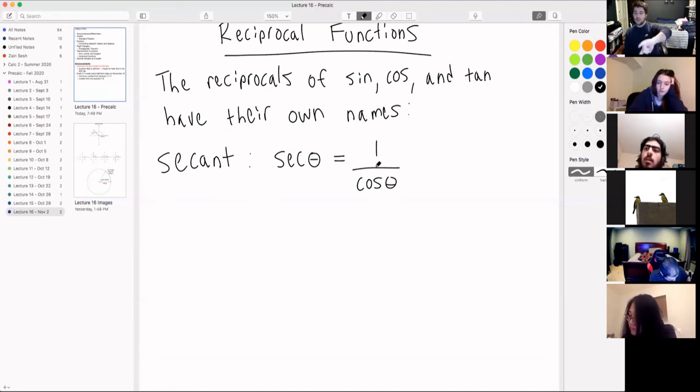So secant will be the flip of that: hypotenuse over adjacent. We took the fraction for cosine, adjacent over hypotenuse, and took its reciprocal to obtain hypotenuse over adjacent. That is secant of theta.